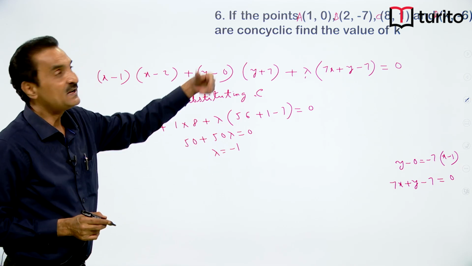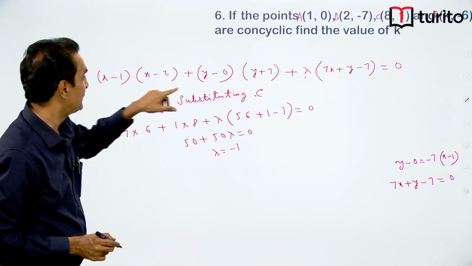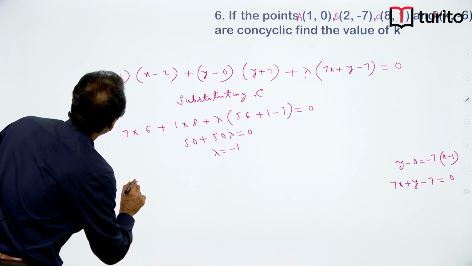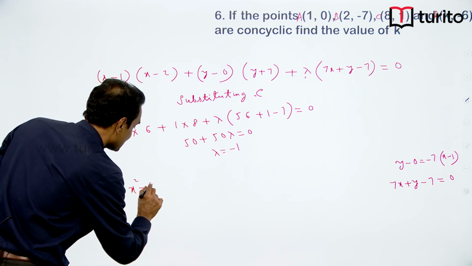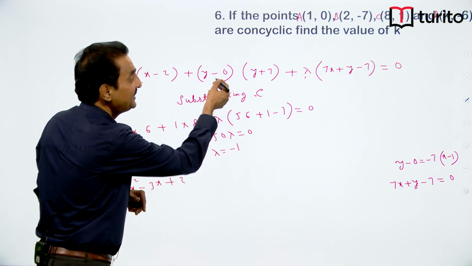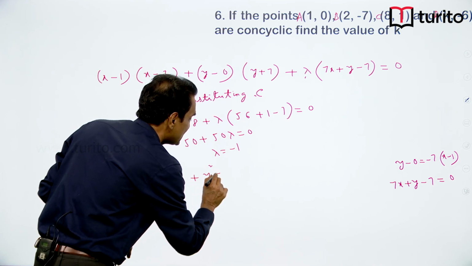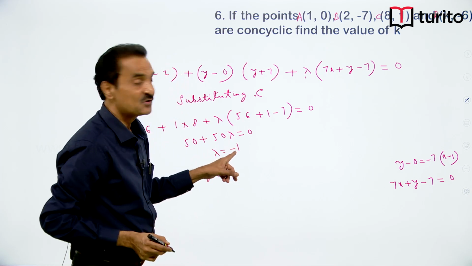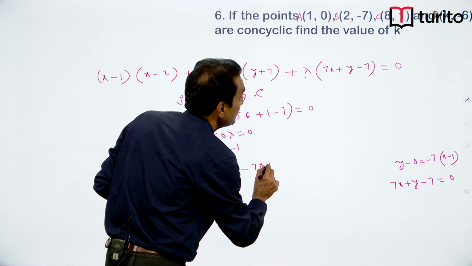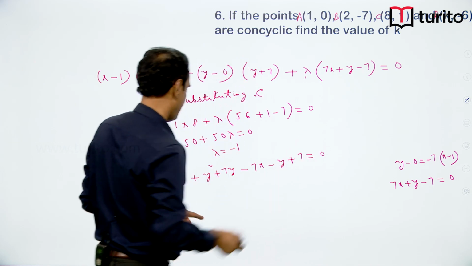Now, substituting lambda is equal to minus 1, we can simultaneously simplify the equation. Let us expand this: x square minus 3x plus 2, and this plus y square plus 7y, and substituting lambda is equal to minus 1, minus 7x minus y plus 7 is equal to 0.